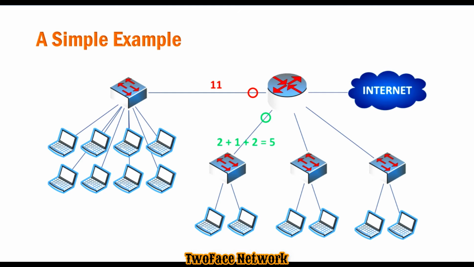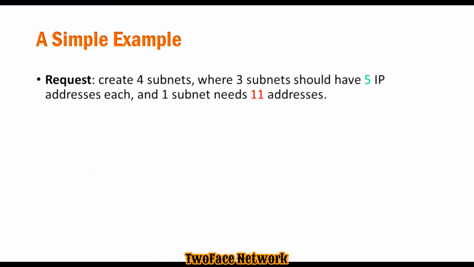In total, that's 5 IP addresses for all of these networks. So this is our request. Create 4 subnets where 3 subnets should have 5 IP addresses each, and 1 subnet that needs 11 IP addresses.